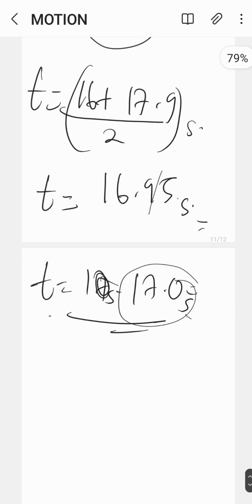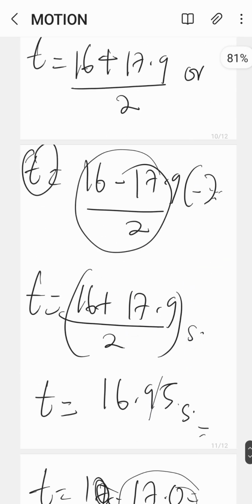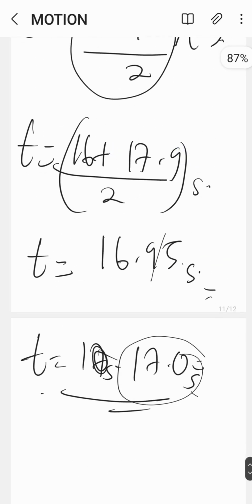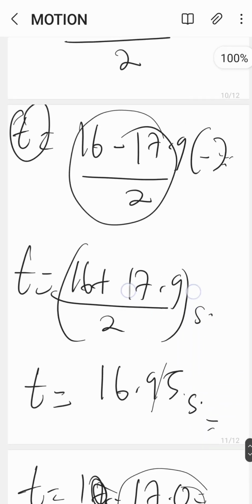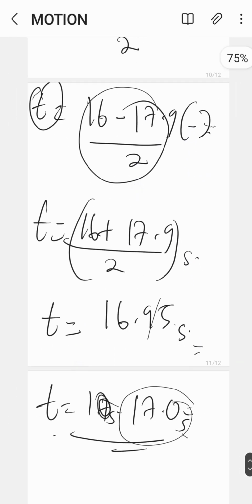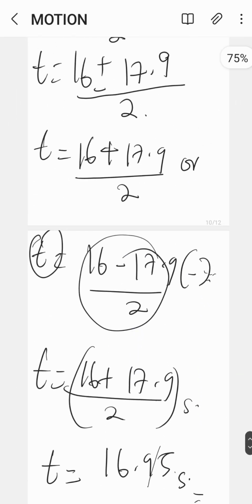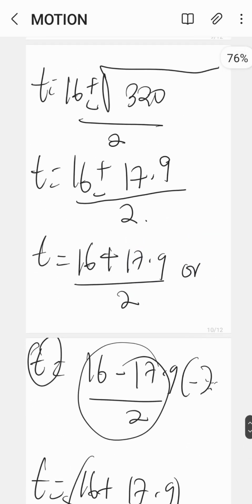So that's about it. However, for the final answer, I recommend 3 significant figures, right? But then sometimes with the quadratic equation, it would be advisable to keep the whole answer, like the square root of 320 gave us 17 point, with all those decimal places.